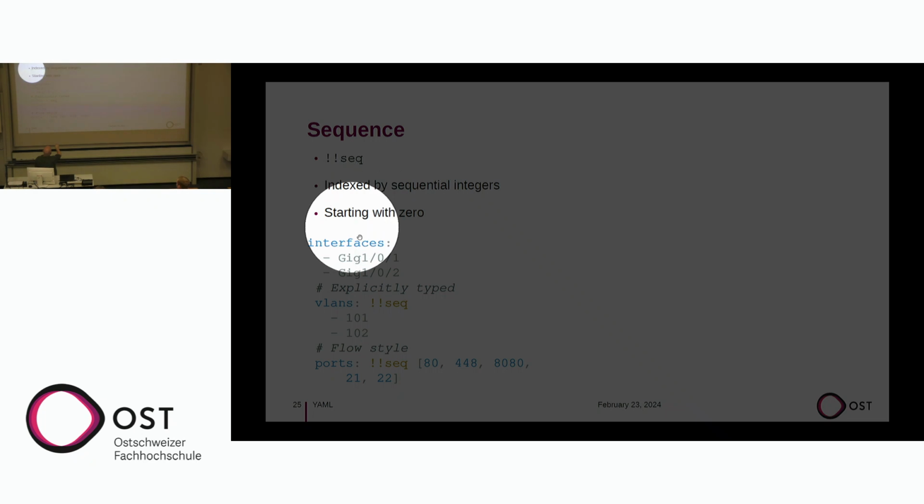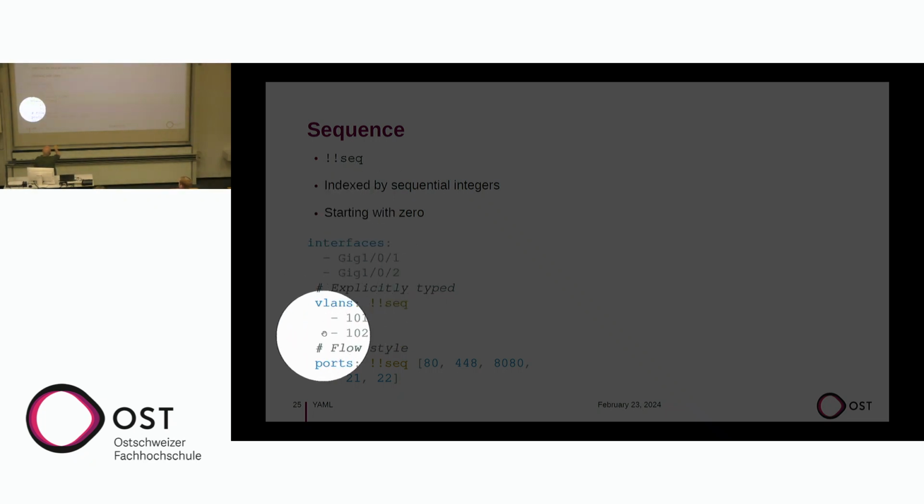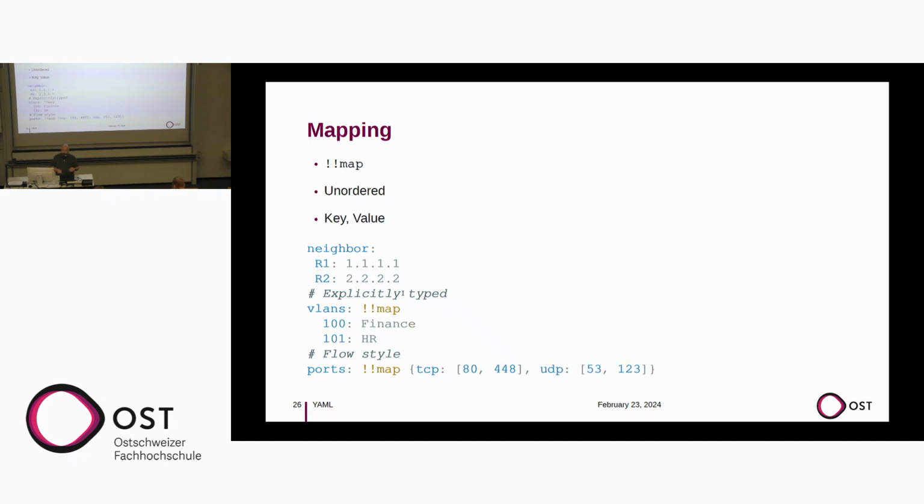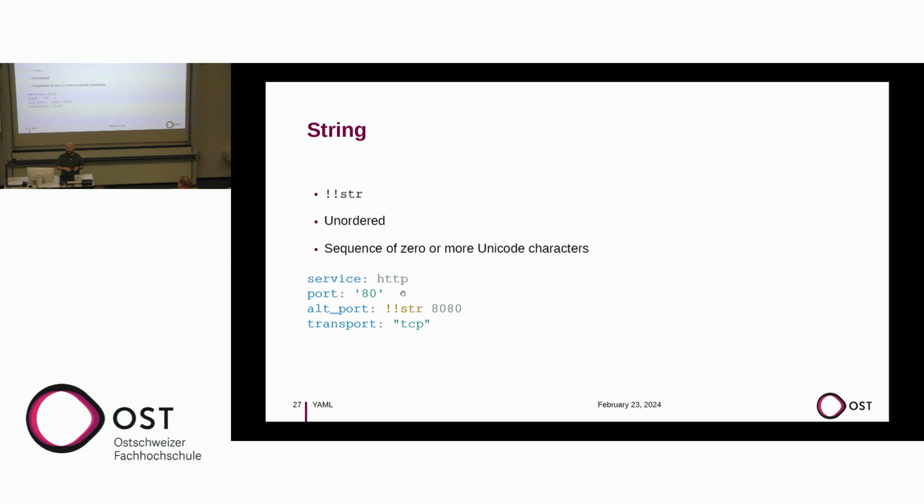Does not really make a lot of sense because it will always be a sequence, but we can force it. The same for mappings. Mappings are unordered, that's important to know. We have key value pairs, similar to dictionaries in Python.